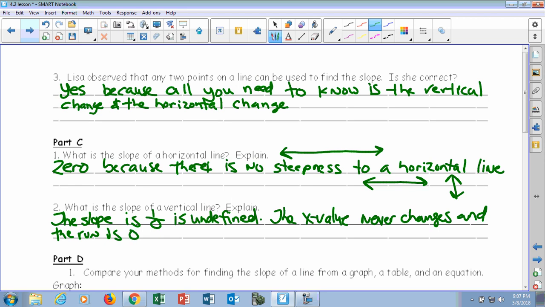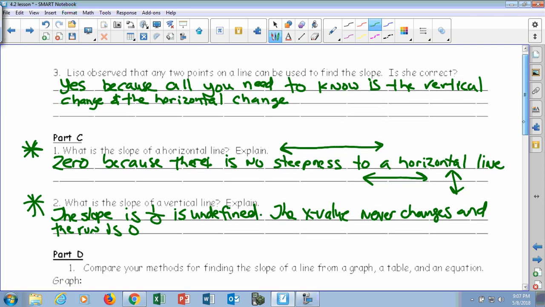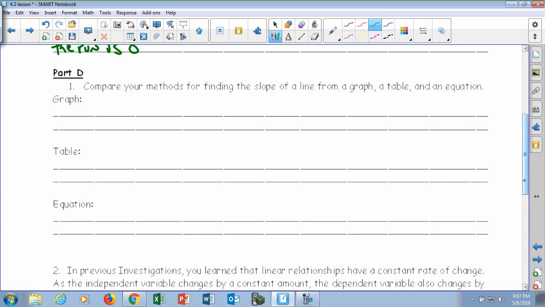So those are 2 special cases here in Part C. 0 slope, horizontal line; undefined slope for a vertical line. 2 things you got to remember, because again, we will use it again in 8th grade.